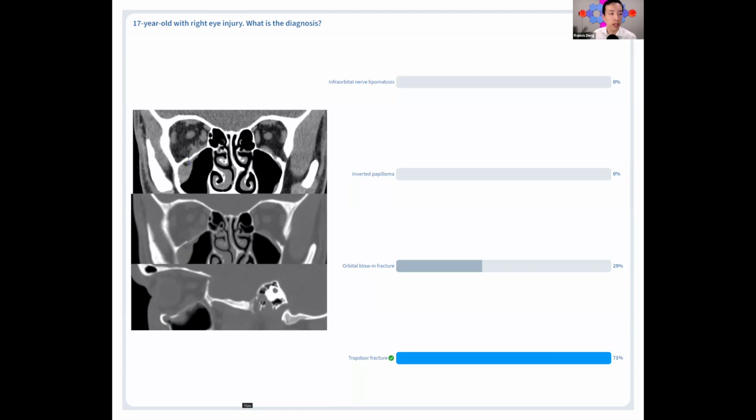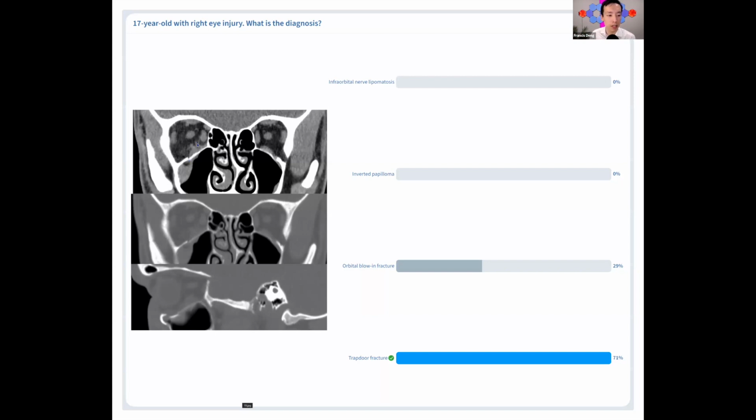And so what trapdoor fractures are, they are orbital floor fractures that swing open transiently, part of the orbital contents herniates through, and then the fracture springs back into its normal position because of the springiness of bone, especially in younger patients, adolescents, and young adults.